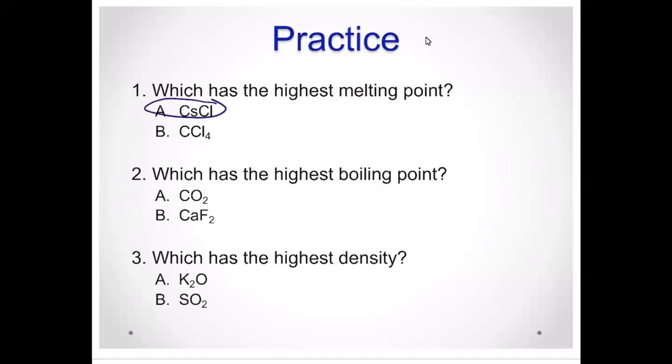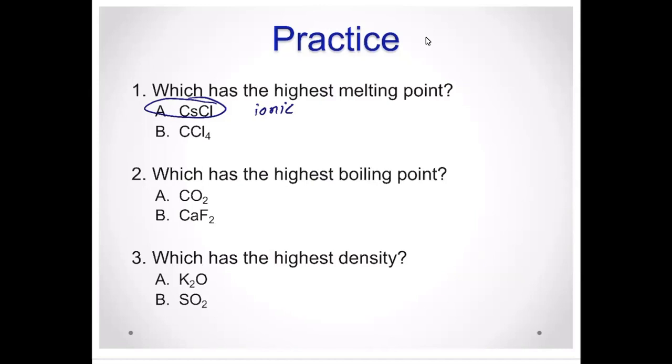The ionic compound. Remember, the ionic bond is very strong, and it's hard to get those to separate. It requires high temperatures. Which has the highest boiling point? So again, we're looking for the ionic compound.